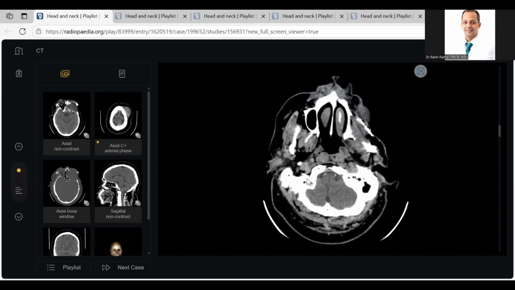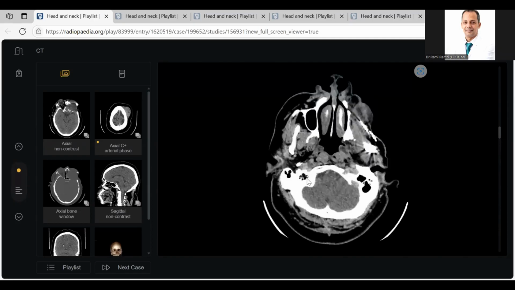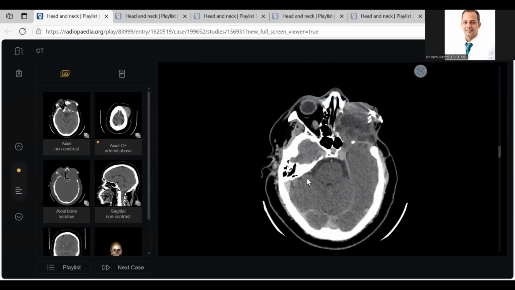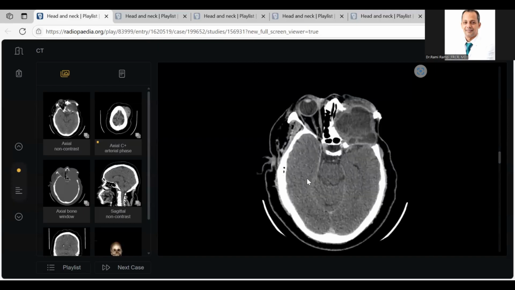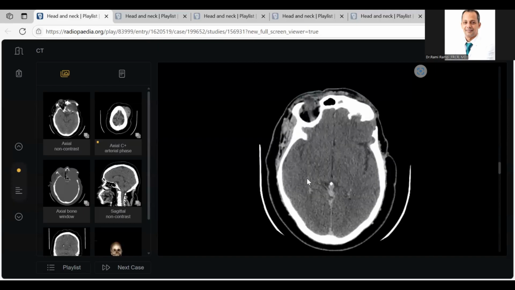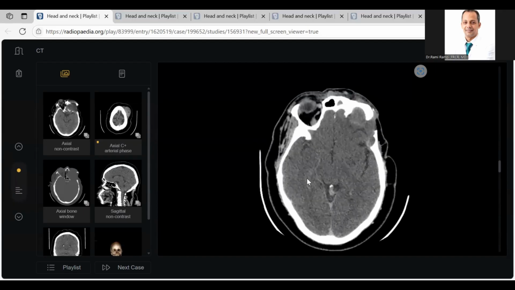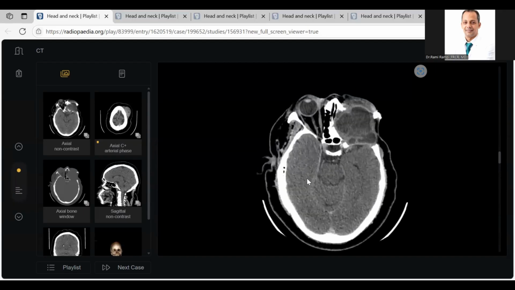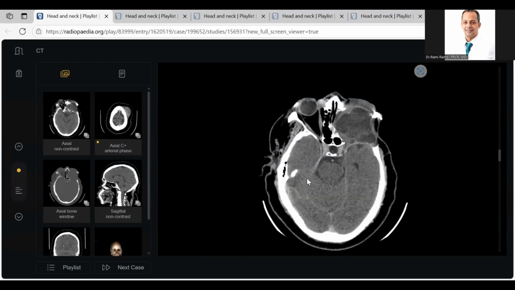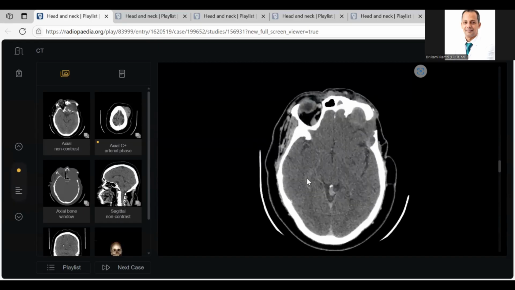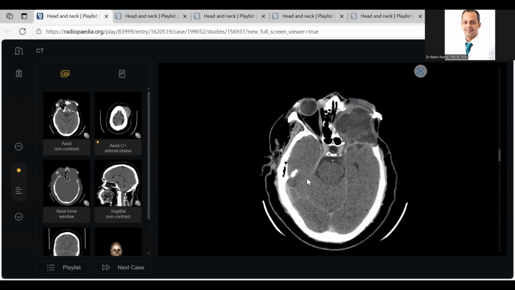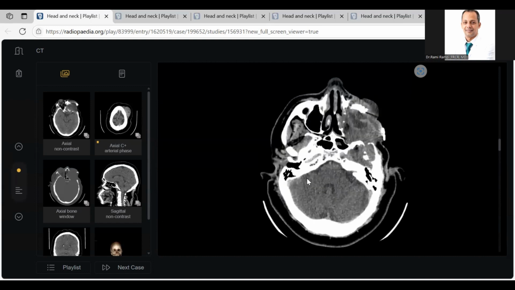I am searching for the left eyeball. There is an area of calcification within the lesion. Where is the left eyeball? Can you see it?